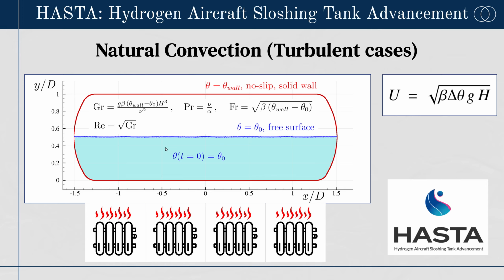The classical dimensionless numbers governing this type of problem are the Prandtl number and the Grashof number, or equivalently the Rayleigh number. The Froude number is directly linked to the temperature difference between the tank wall and the gas. When the Froude number remains sufficiently small, the free surface stays almost flat and only weakly disturbed.